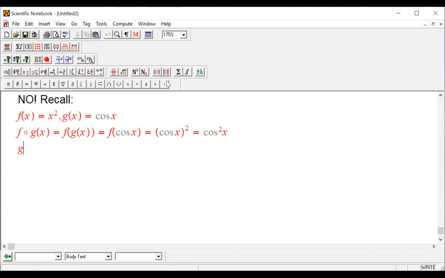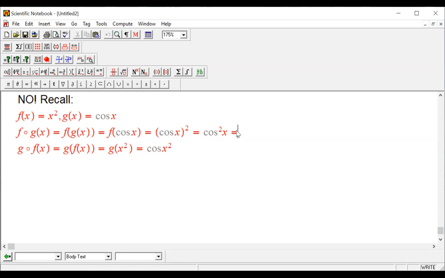However, g composite f of x equals g of f of x, right? And f of x is x squared. So g of x squared is just going to equal cosine of x squared.